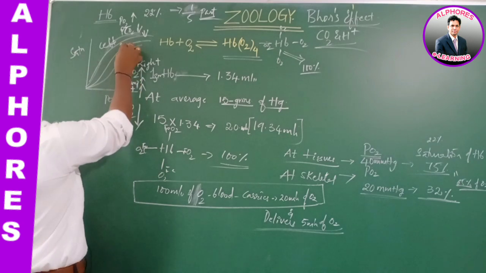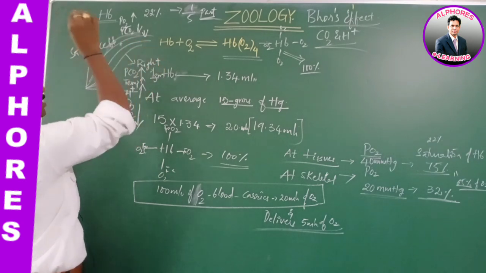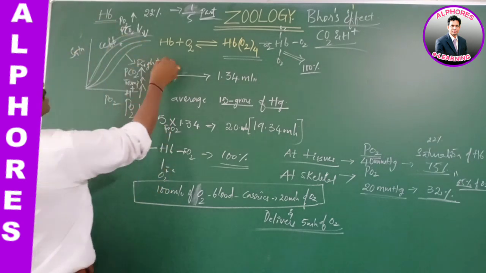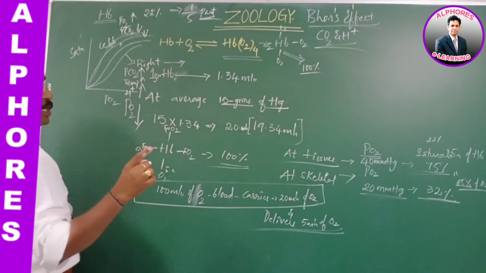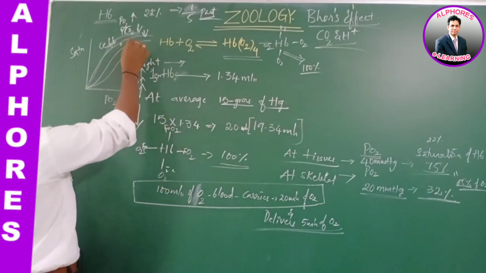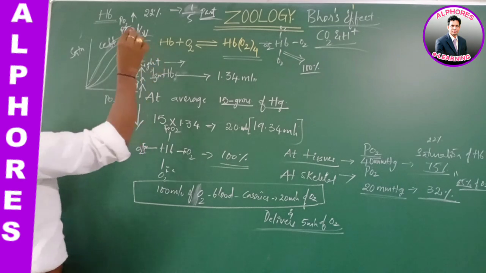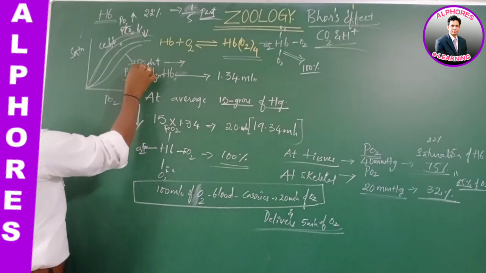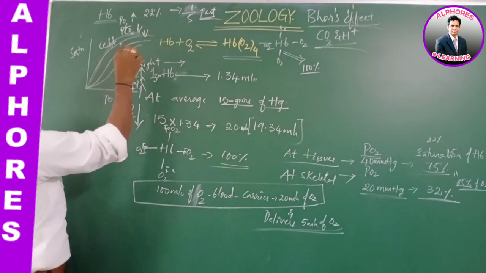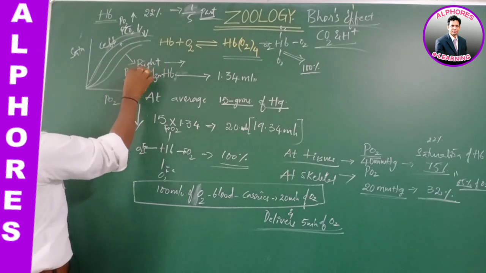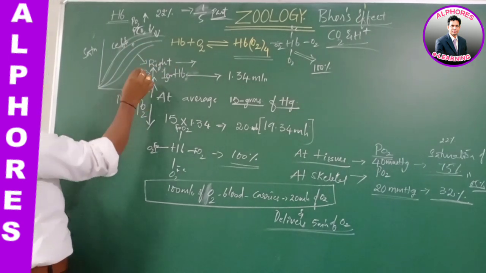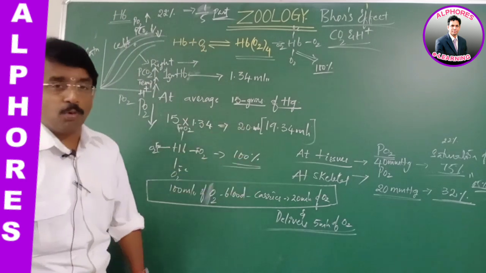The factors that shift the oxygen dissociation curve toward the right side are more PCO2, partial pressure of CO2 more, temperature more, hydrogen ion concentration more.